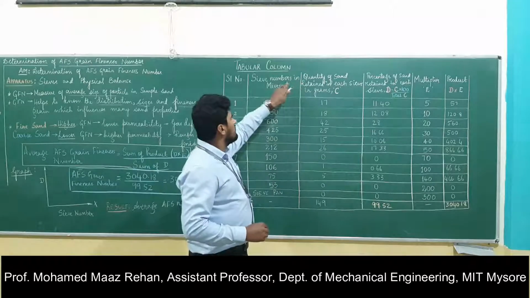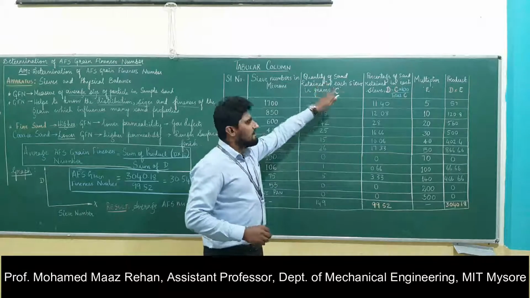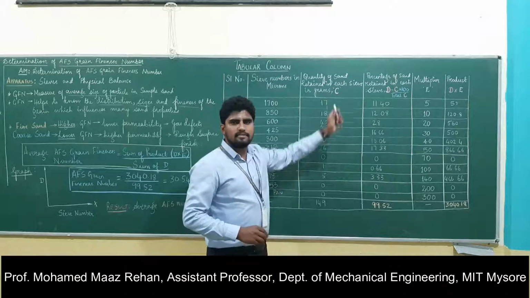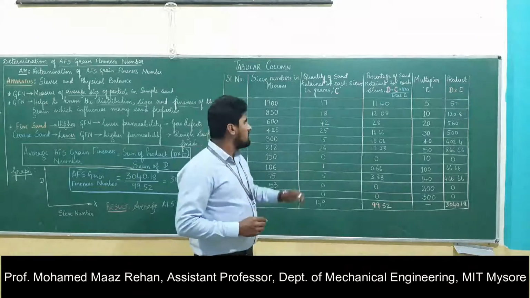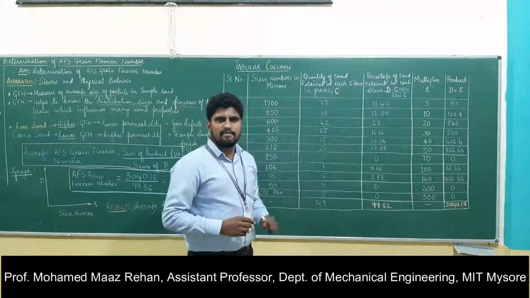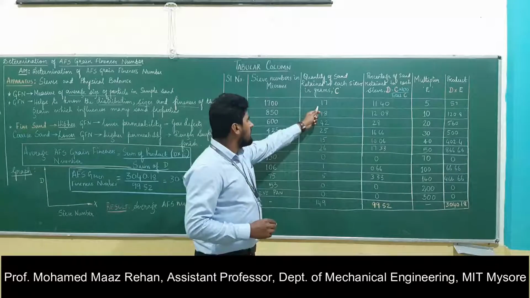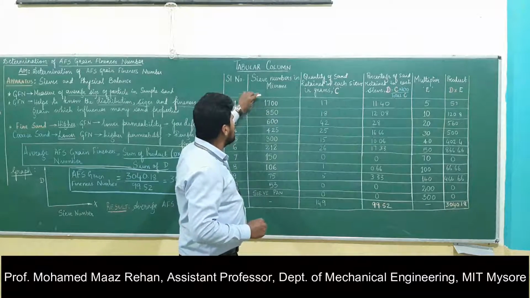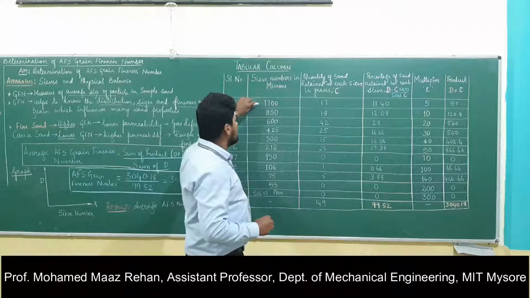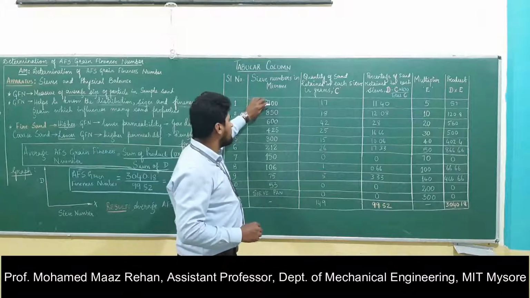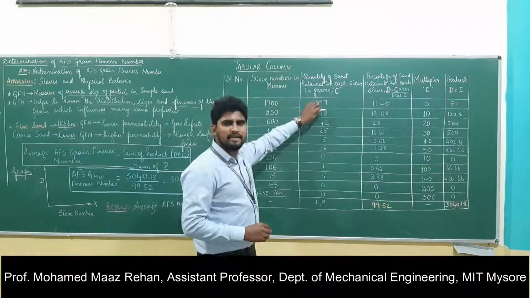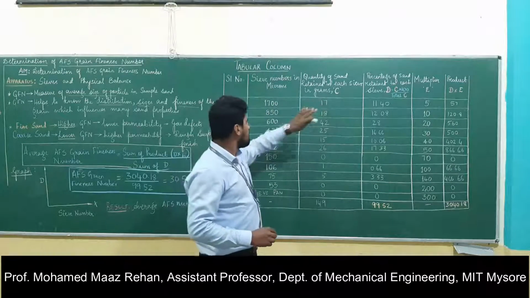Here, the quantity of sand retained in each sieve we have denoted as capital C. With the help of a weighing scale, we got to know that for the sieve number of 1700 microns, we got 17 grams of sand.